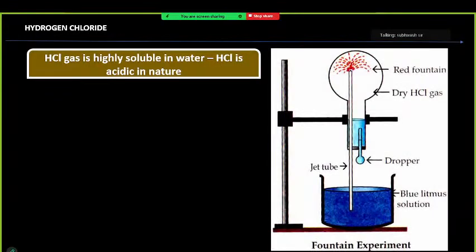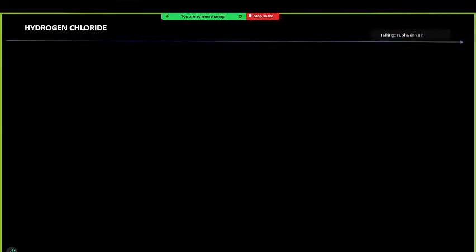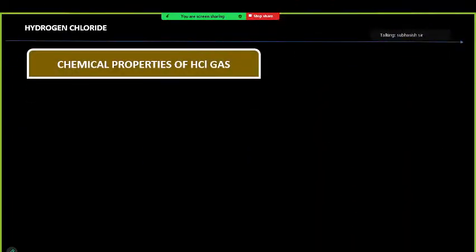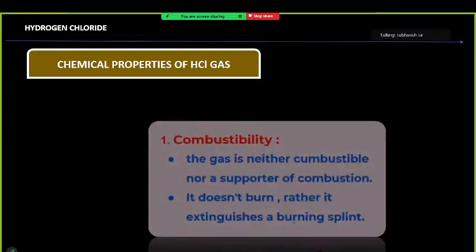So this is the experiment known as the fountain experiment, by which we prove that HCl is highly soluble in water and also acidic in character. Now some of the chemical properties of HCl.